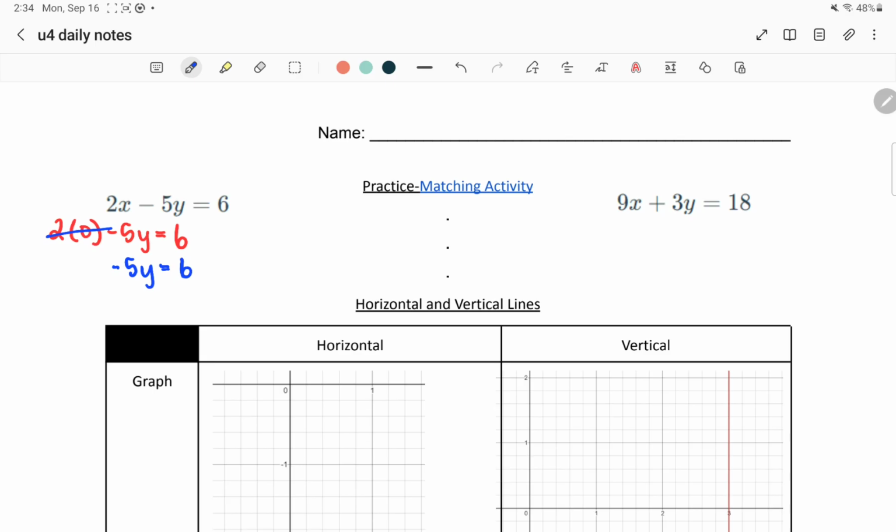And I'm left with negative 5y, because I had the minus there, so it can't be forgotten, equals 6. So I'm going to divide by negative 5 on both sides to get y by itself. Y equals negative 6 over 5. Sweet. And I'm going to do it again, but instead I'm going to put the 0 in for y.